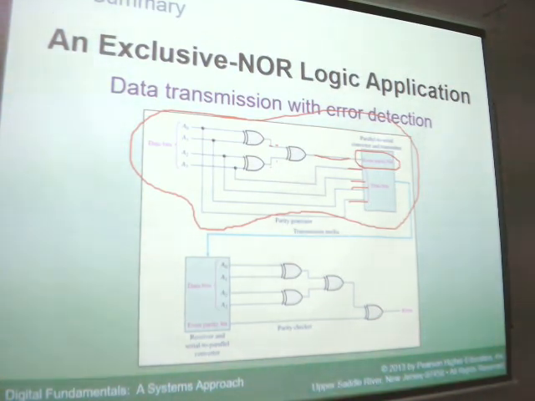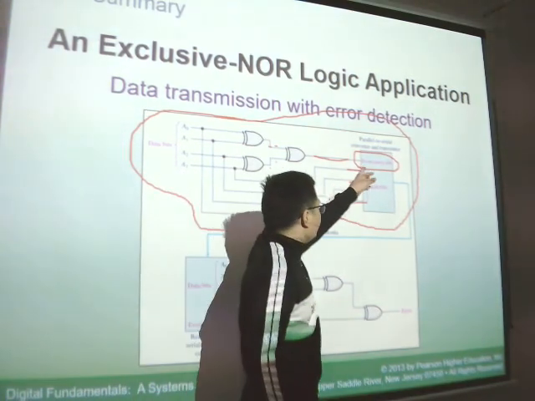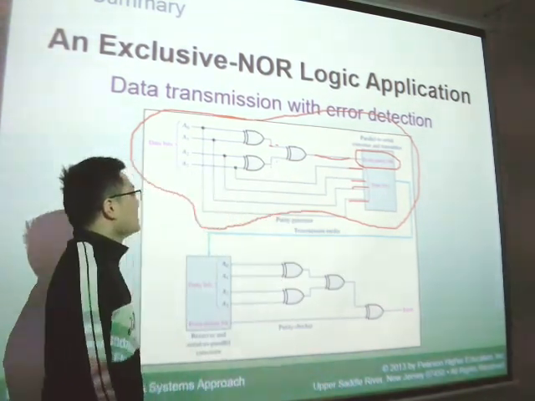For this combination, 2 ones, so the output is 1. 2 ones, so the output is 1. 3 ones, so the output is 1. 2 ones, 3 ones, 4 ones. So this bit is an even parity bit.